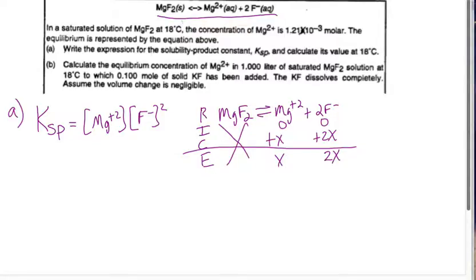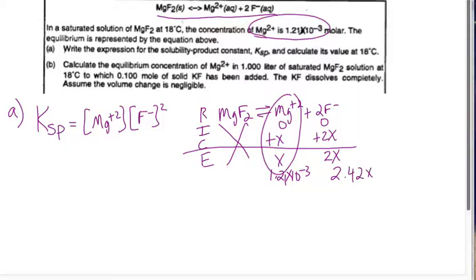Now, what did they give us in the actual introduction that would be useful? The solubility or the concentration of Mg+2. So they gave us X, right? So 1.21 times 10 to the negative third is X, and then 2.42 times 10 to the negative third is fluorine's concentration at equilibrium.